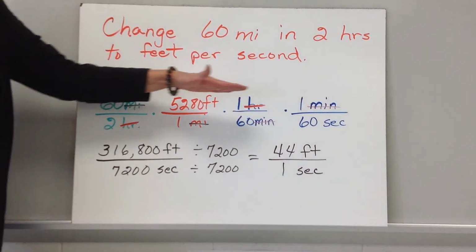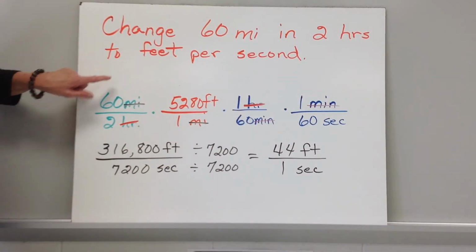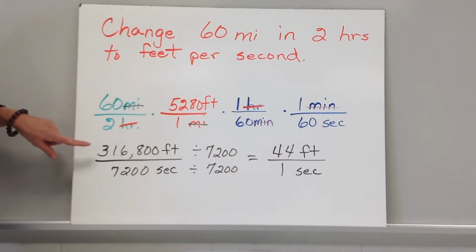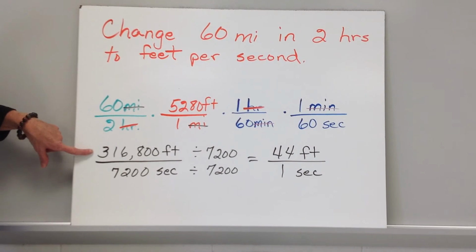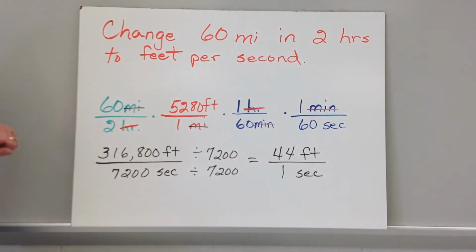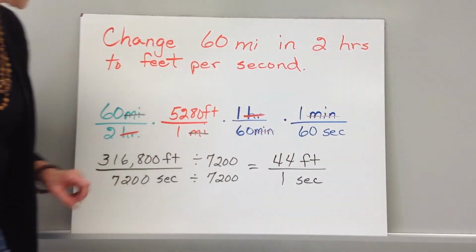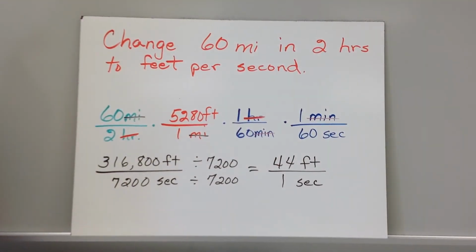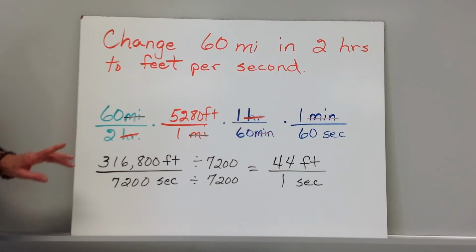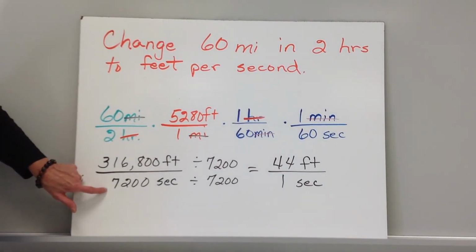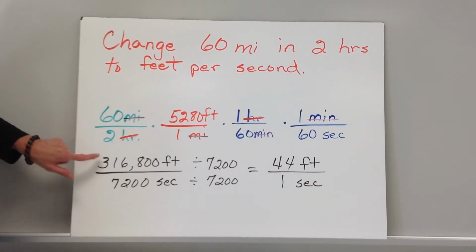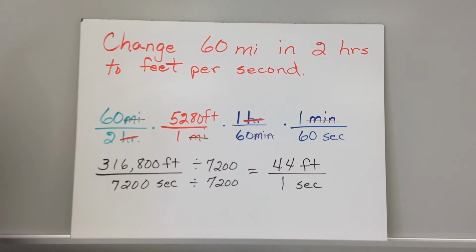I multiply straight across. 60 times 5,280 is 316,800 feet. 2 times 1 times 60 is 7,200 seconds. Since I want to know in 1 second, I'm going to divide both of these by 7,200.